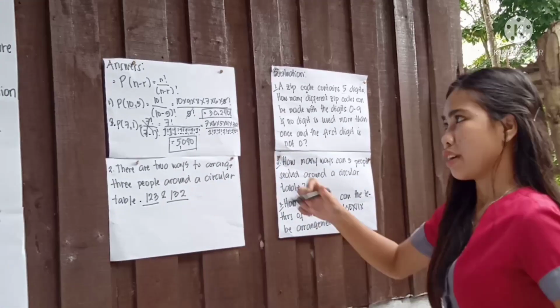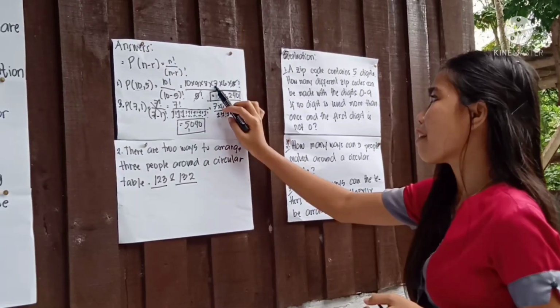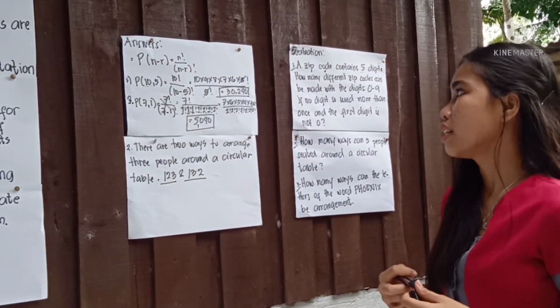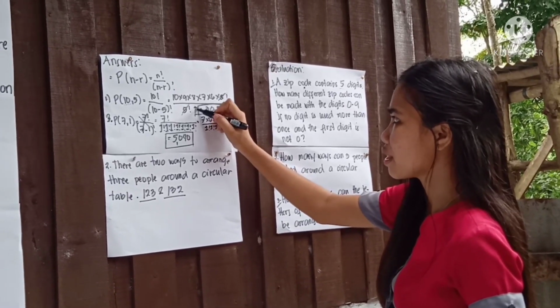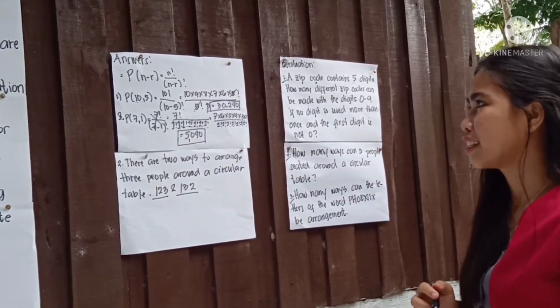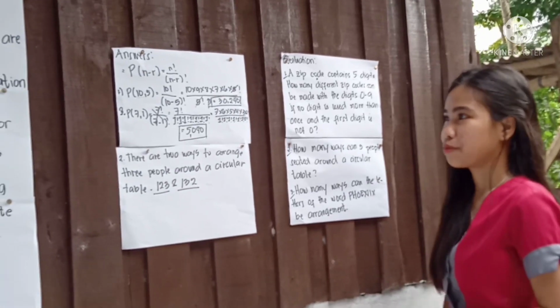So we have here 10 times 9 times 8 times 7 times 6 equals 30,240. So this is the permutation for the answer. Okay, did you get it?